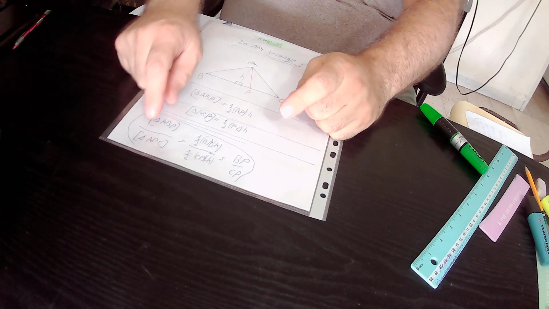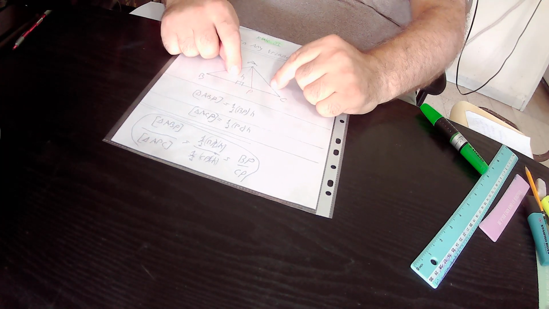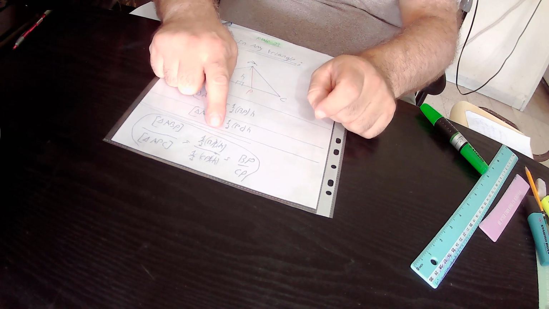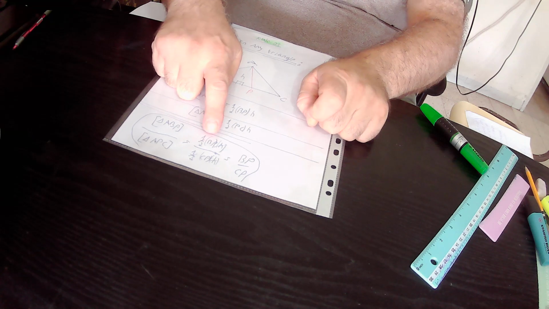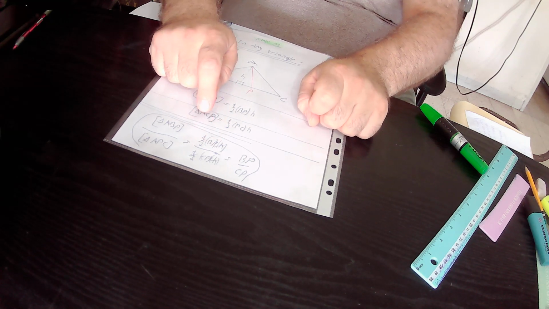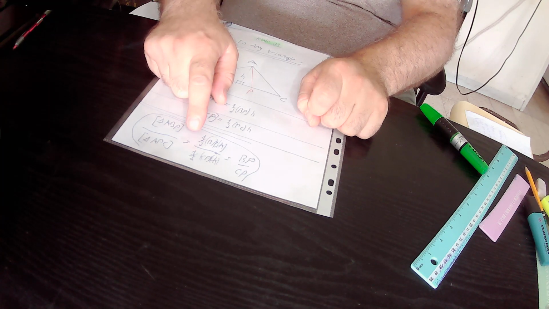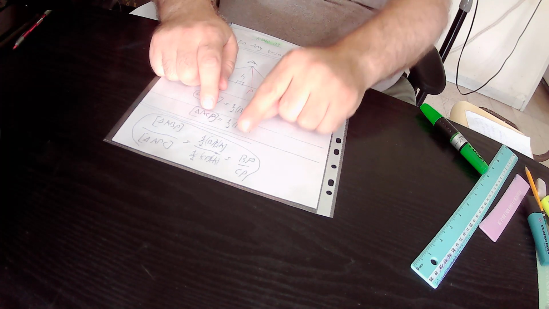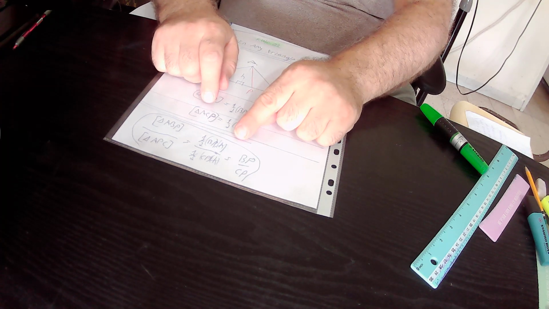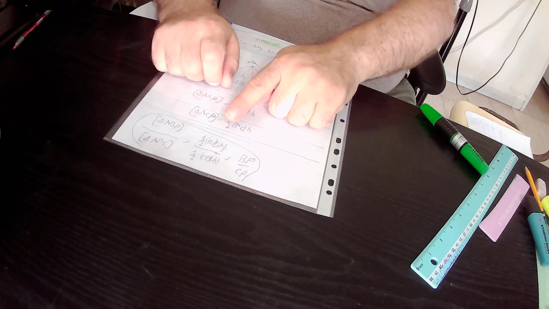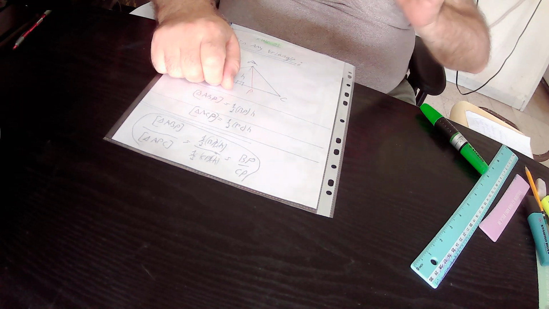The ratio between the areas of those 2 small triangles is BP times h over 2 over CP times h over 2. We have 1/2 in the numerator and the denominator, so 1/2 will get cancelled, and we also have h in the numerator and h in the denominator, so h also will get cancelled, and we're left only with BP over CP.